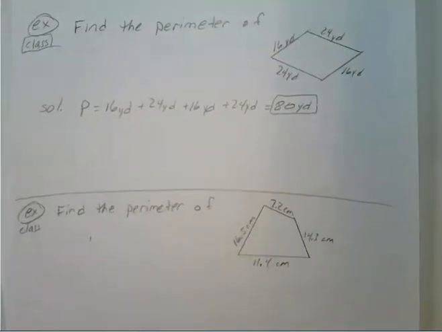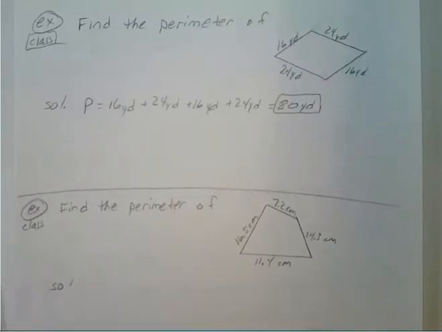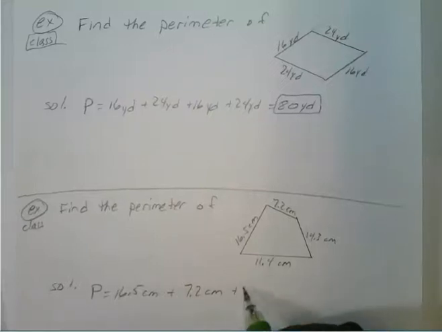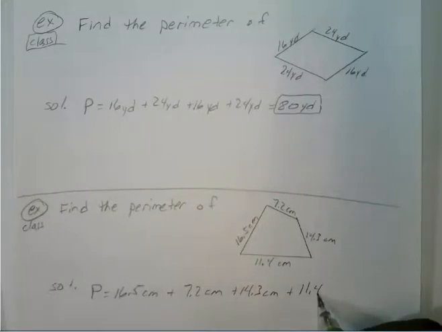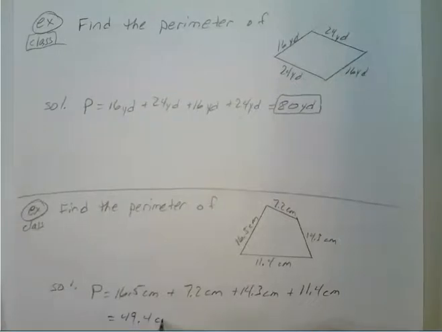Okay, so what about the bottom shape? Same thing. You just add your sides together. So your perimeter is going to equal 16.5 centimeters plus 7.2 centimeters plus 14.3 centimeters plus 11.4 centimeters. Okay, so your perimeter is going to equal 49.4 centimeters.